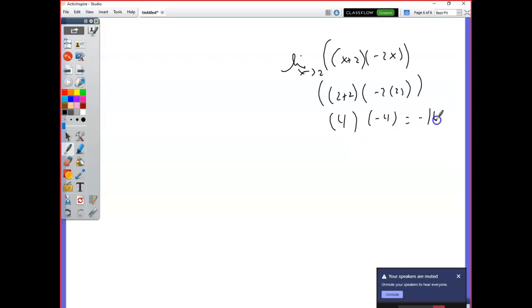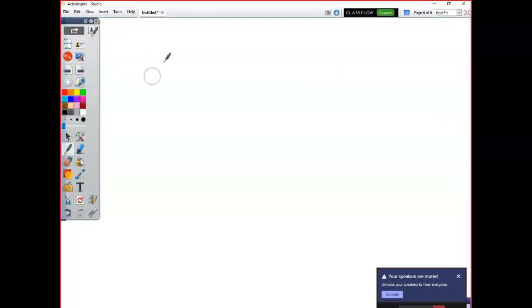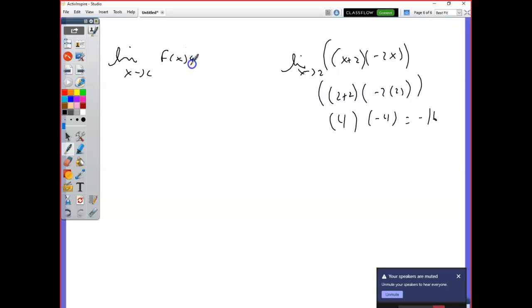Multiply them. So the limit as x approaches c of f of x times g of x is just the limit as x approaches c of the first thing times the limit as x approaches c of the second thing. Right?